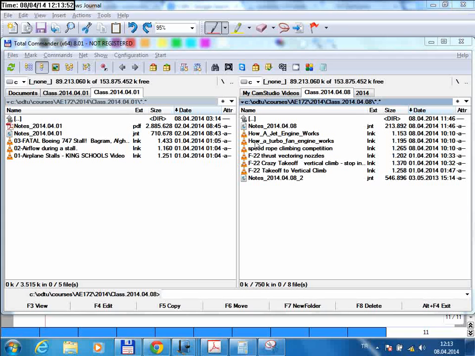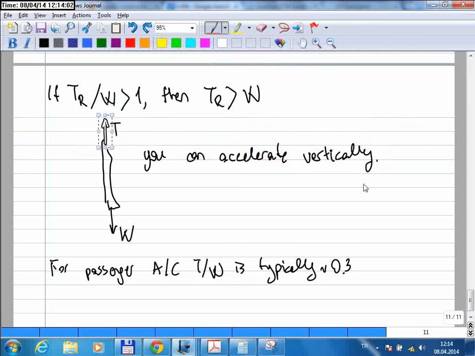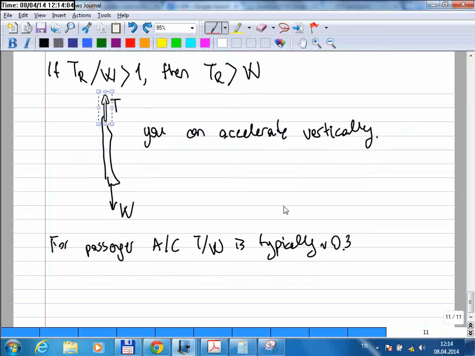But obviously it doesn't have a thrust-to-weight ratio that large. So for most civilian aircraft, for most cargo or passenger airplanes, the thrust-to-weight ratios are on the order of 0.3, 0.35, 0.4 maximum. So they are on that order, and obviously they cannot perform such vertical flights.